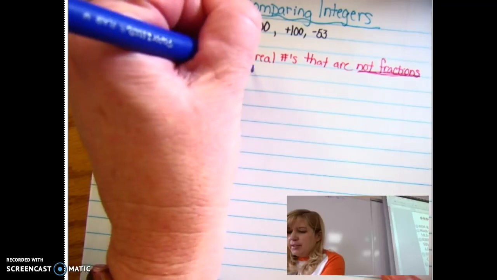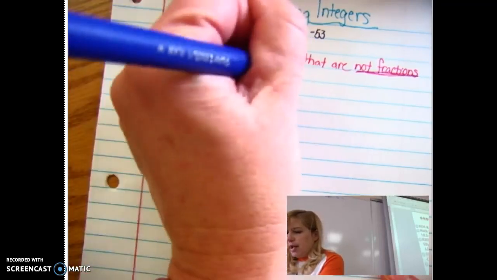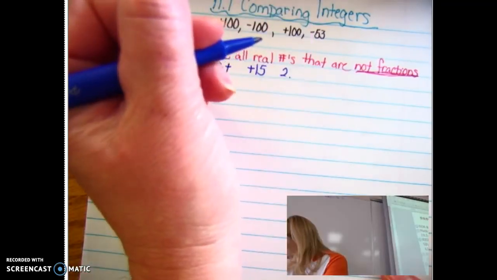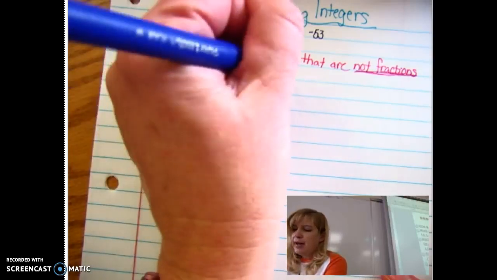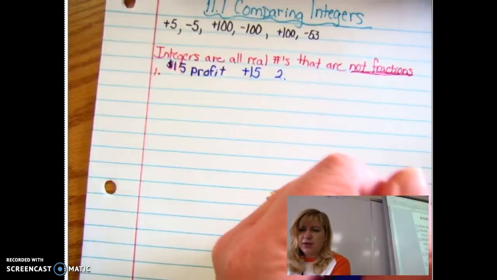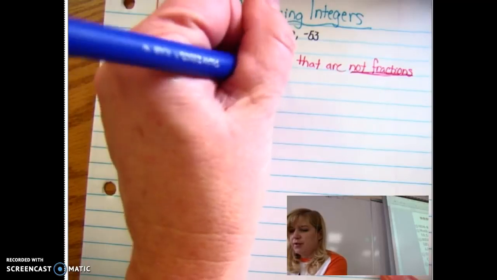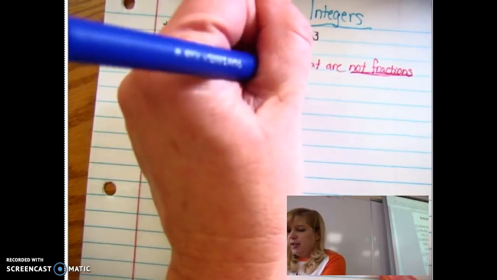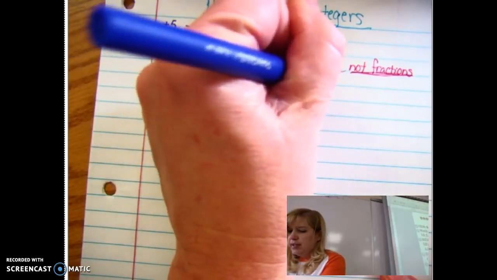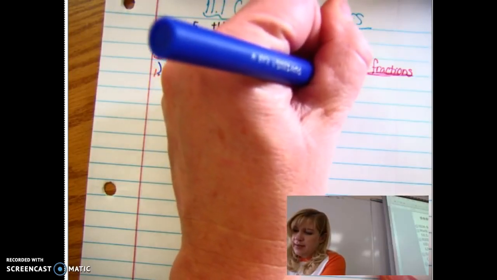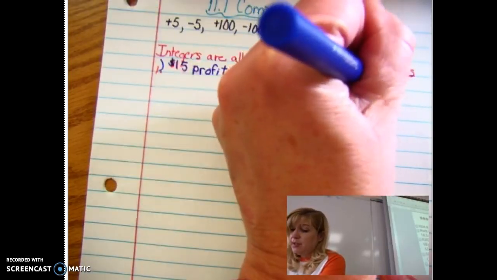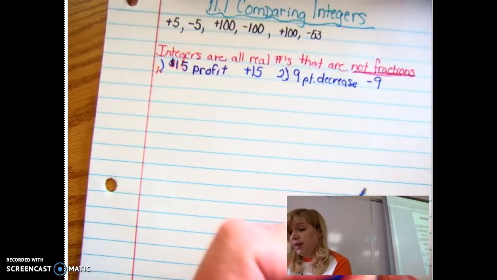If you guessed it's a positive 15, you are correct. Number 2 is, what if you had a 9-point decrease on this math test compared to the other math test? So a 9-point decrease. Well, that means you missed 9 more, -9.